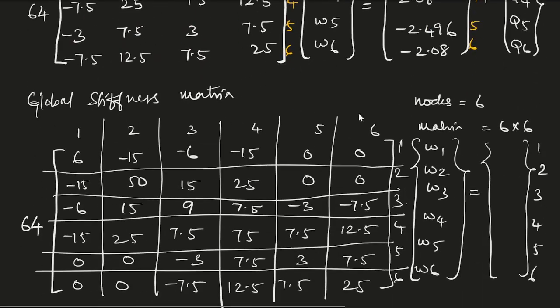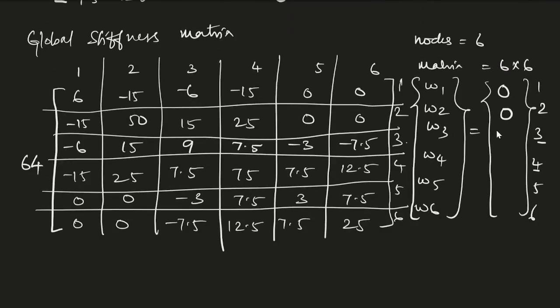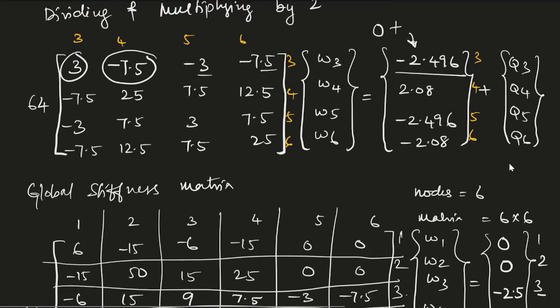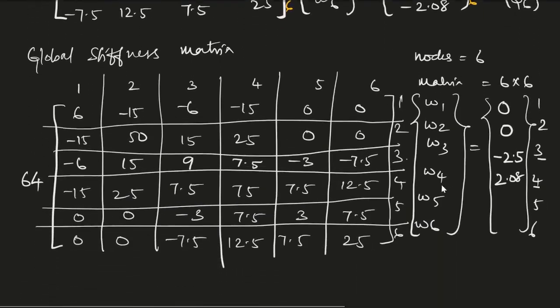We have 3 and 4 as common, so 1 will be 0, 2 will be 0, and 3 and 4 are common for both the elements. So 0 plus this value; in the first element we have 0, so this is 0 plus this value. So it will be minus 2.5, and 4 will have the same thing, it is 2.08, and the remaining will be as it is. 5 and 6 would be 2.5 and minus 2.08.